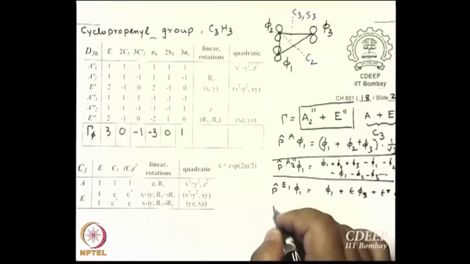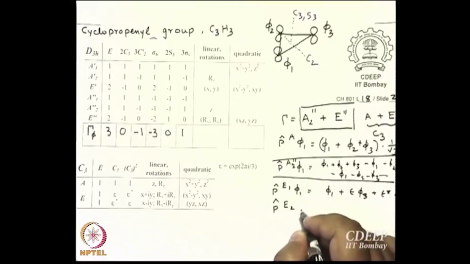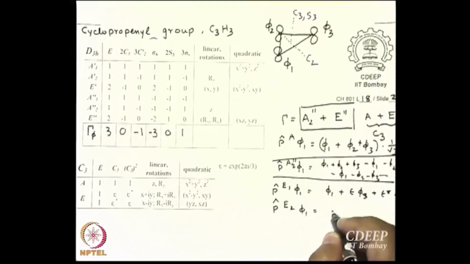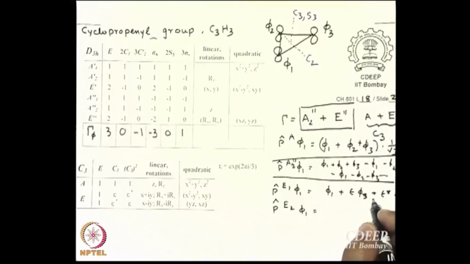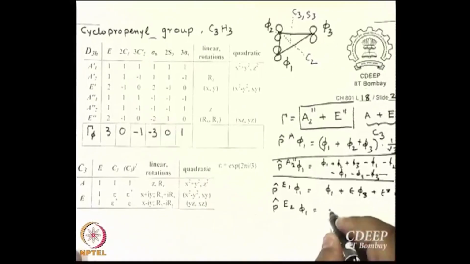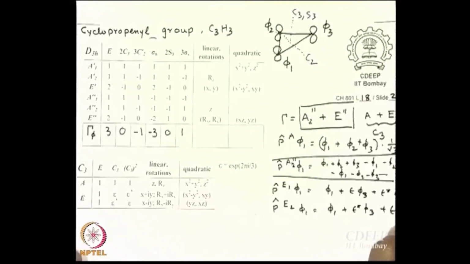What do you get when you make PE2 operate on phi 1? Actually, I got it to be phi 2. Depends on whether you are rotating this way or that way. It doesn't matter. So, phi 1 plus epsilon star phi 3 plus epsilon phi 2.